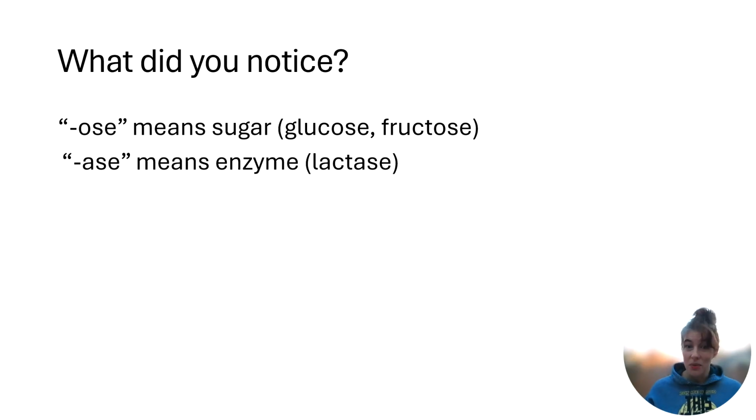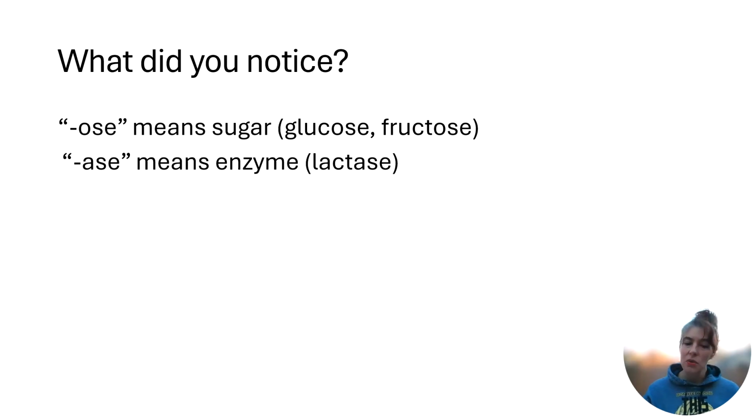Cellulose is also a carbohydrate, it's also a type of sugar, and it has that same ending, that OSE. Then ASE, so lactase, amylase. We've done a couple labs where we've talked about these specific enzymes. So that enzyme indicator is ASE. Lactase, amylase, fructase, all of these are enzymes, and they're very specific and they work exactly how they're supposed to.